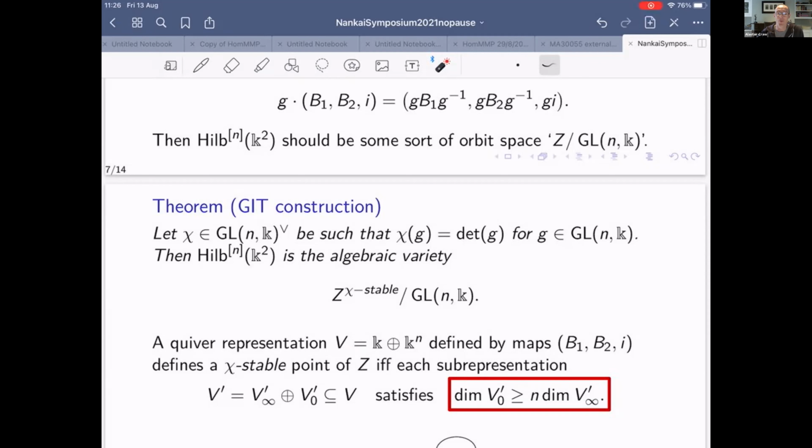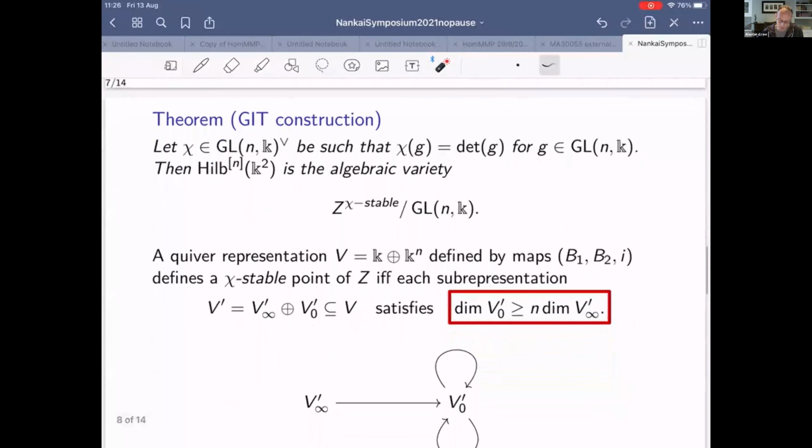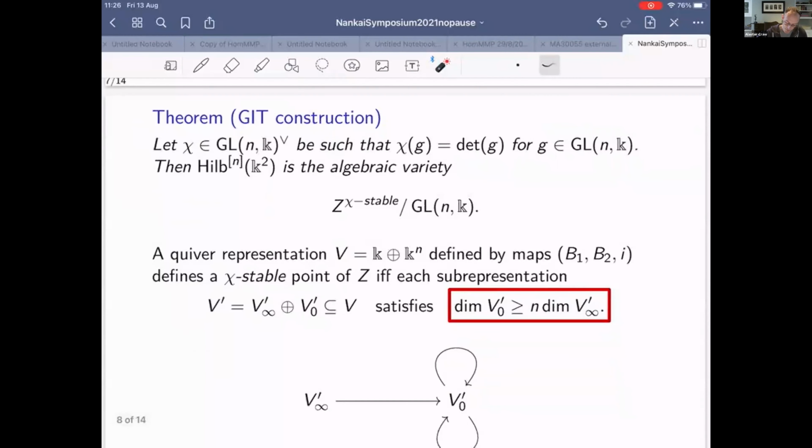This condition in the red box is actually very easy to understand, precisely because this guy is a subspace of a one-dimensional space. So we've got two options. If this has dimension 0, then of course that part disappears, and this is a vacuous condition, right?